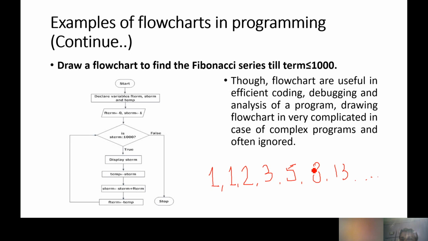So the addition of the previous two numbers gives the next number. That is the Fibonacci series, and it is important to understand, because if you don't know this, you are unable to find the solution for that.